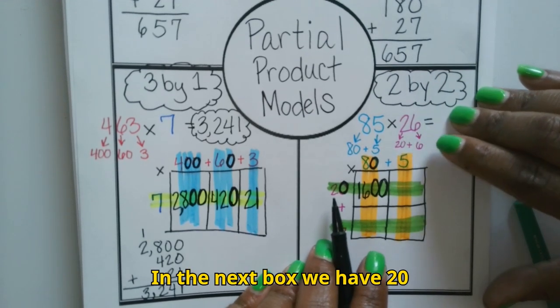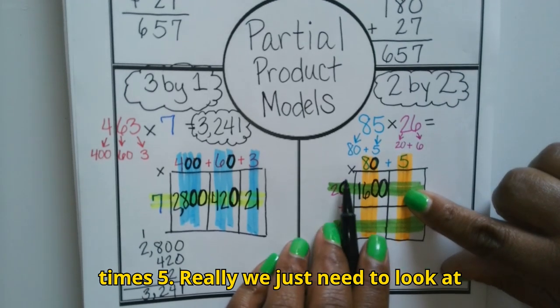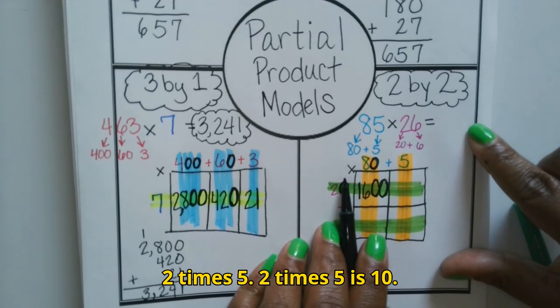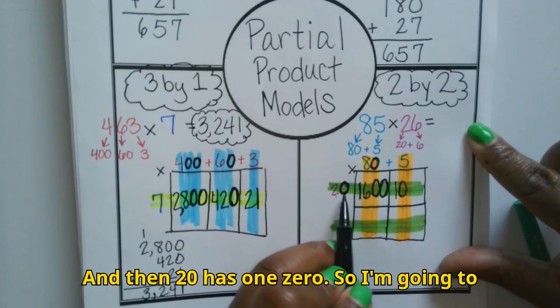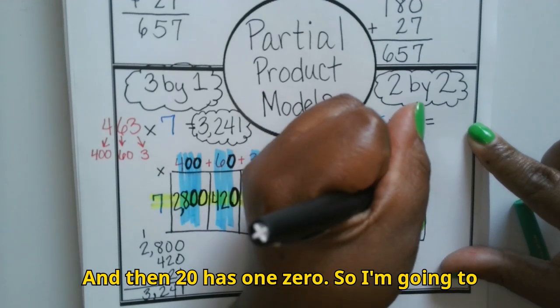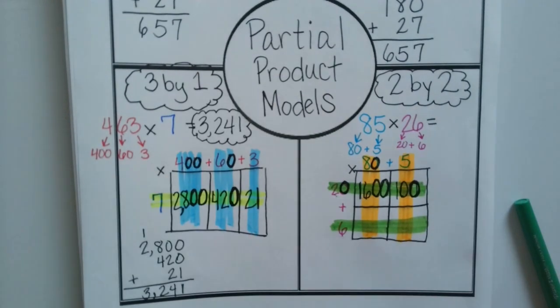In the next box, we have 20 times 5. Really, we just need to look at 2 times 5. 2 times 5 is 10. And then 20 has 1 zero, so I'm going to add 1 zero onto my answer to make a product of 100.